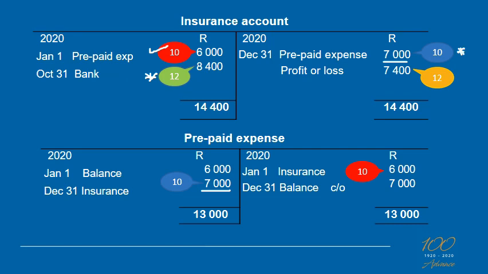So that will give me the 2 months at 700 Rand a month, and that will constitute my closing transfer to the profit or loss account.